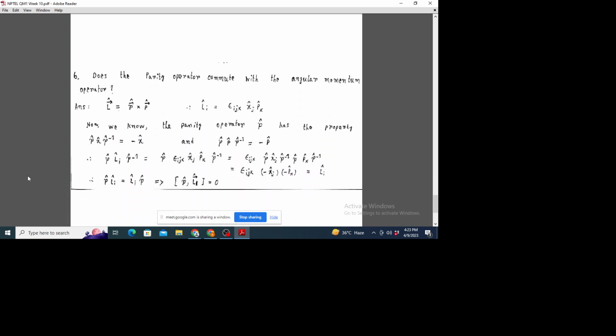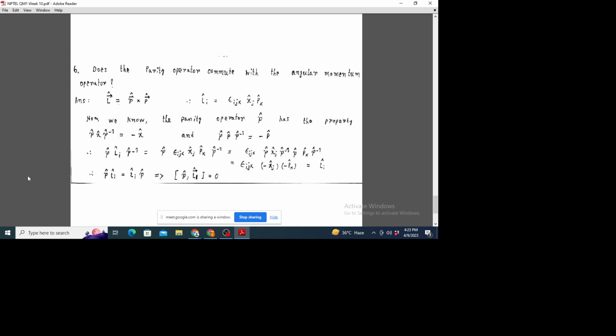Before the discussion of question 5, let us quickly go through this small question: the relation between parity and angular momentum. Does the parity operator commute with the angular momentum operator? In classical mechanics, we know what the answer will be, right?